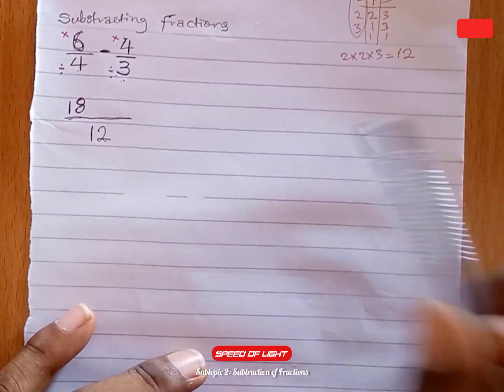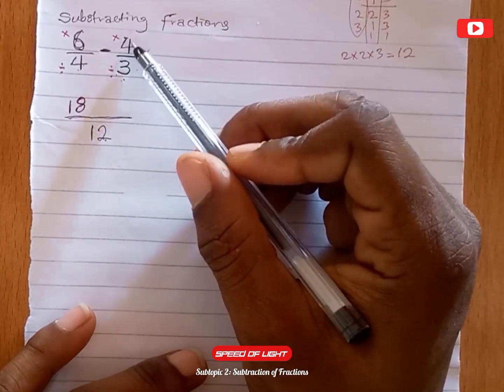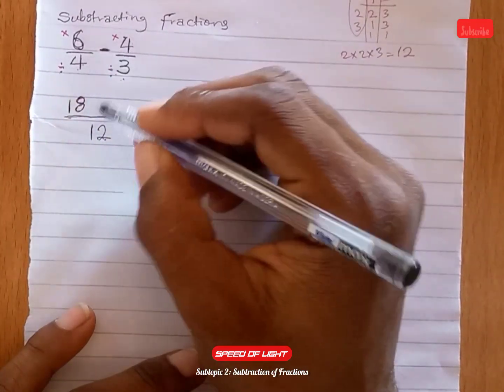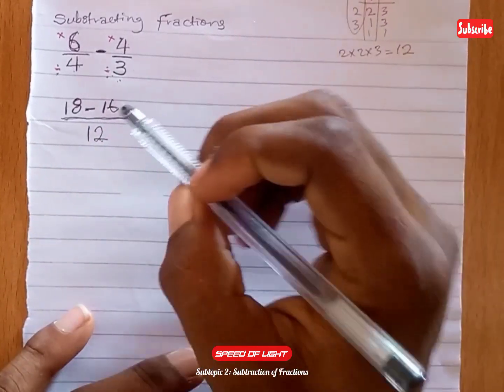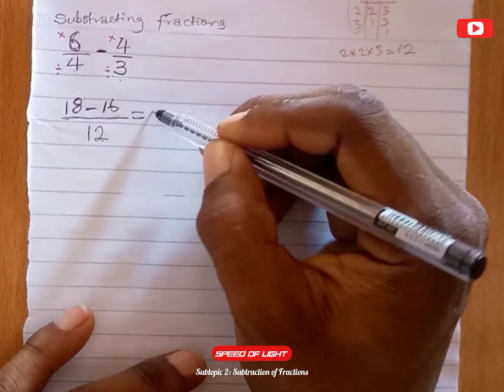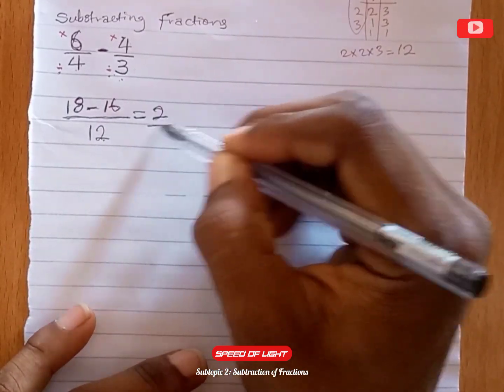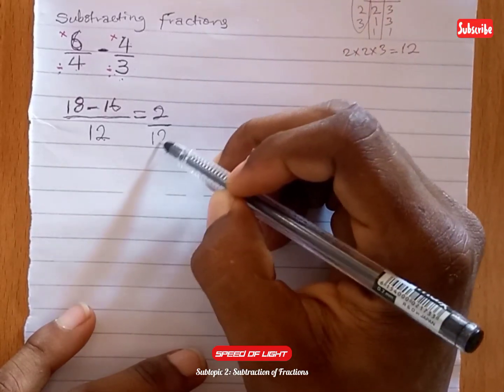Did you see that? Now 12 divided by 3 gives us 4. 4 times 4 gives us 16. There's a negative sign before it. Did you see that? So now 18 minus 16 gives us 2 over 12.